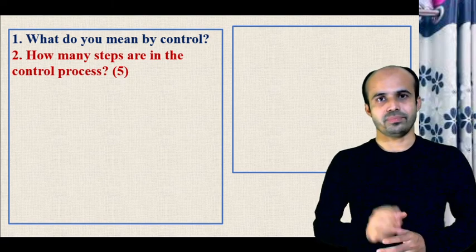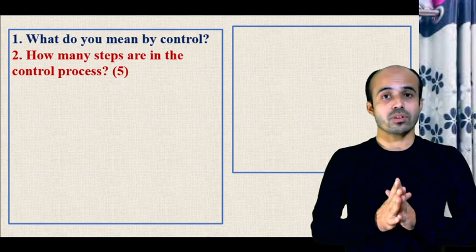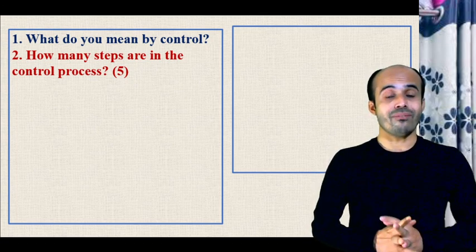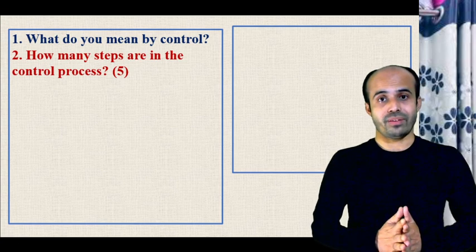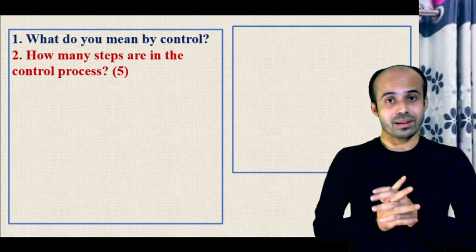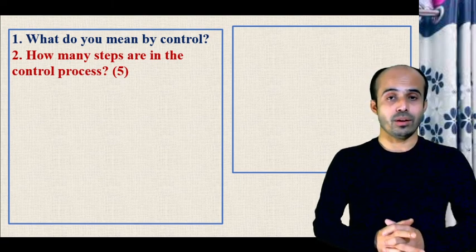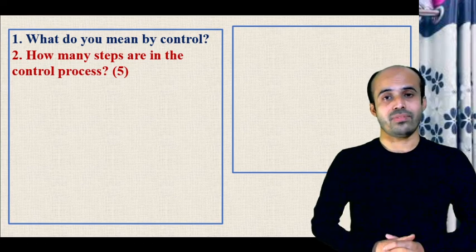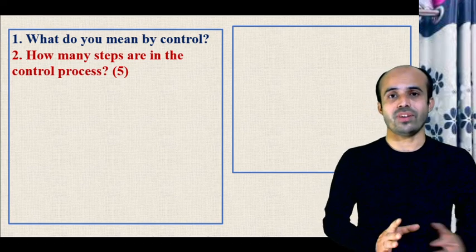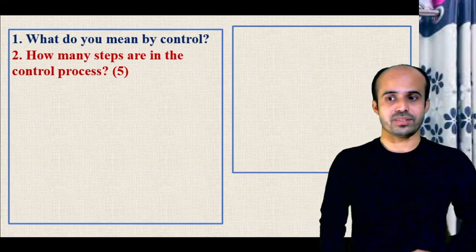Setting standard, number 1, then measuring actual performance, number 2, comparing performance with the standard, number 3, number 4, find out faults and evaluate them, and number 5, taking corrective action. So these 5 steps are in the controlling process.